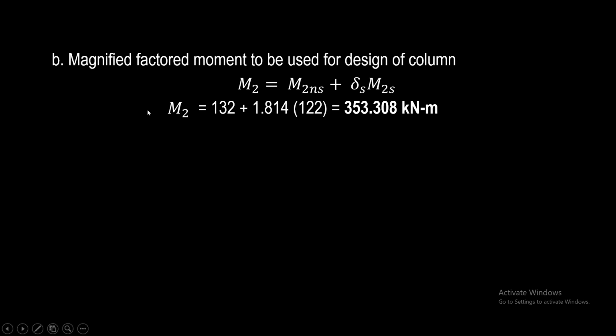After substituting these given values, our answer, the moment to be used for the design of column, should be 353.308 kilonewton meters. So this is the moment to be used in our design for the column for this specific problem.